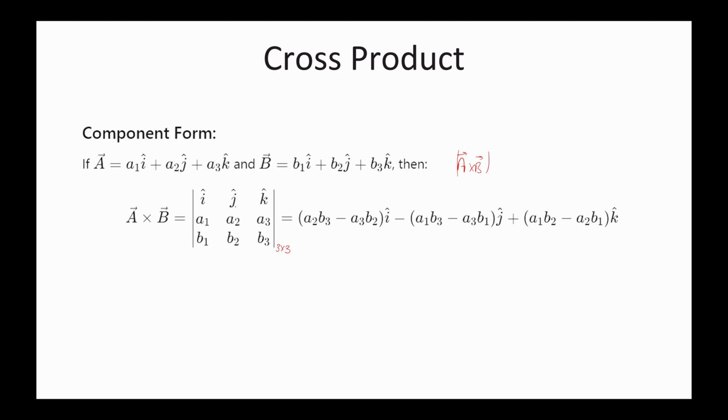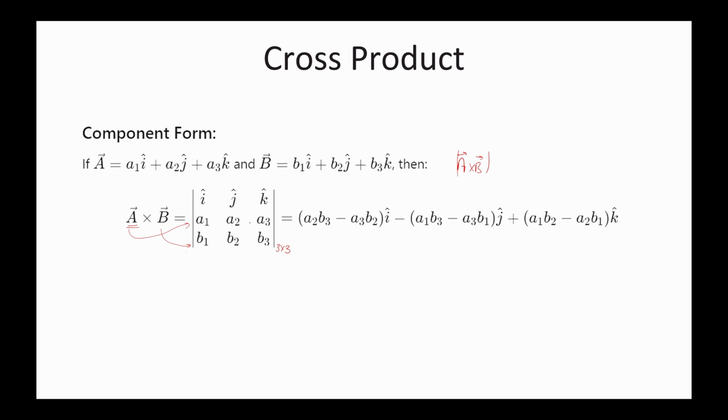So we write down the unit vectors at the top, and then let's say if I'm writing A as the first letter of the cross product, so A's components would come first and then B's components would come next. Let's say if it had been B cross A, then I would have written B1, B2, B3 in the middle line and then A1, A2, A3 in the last line. So that is how determinants are represented.